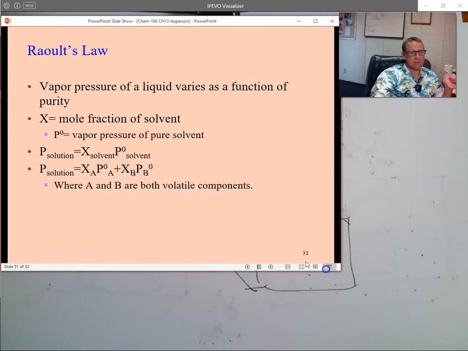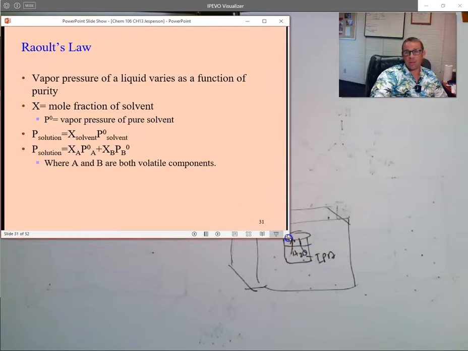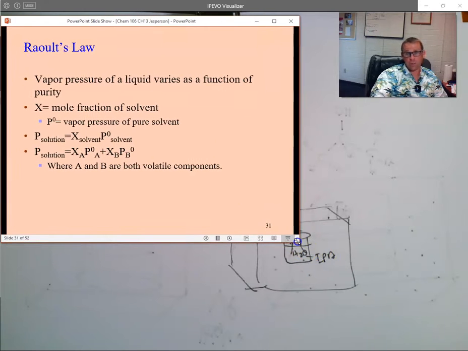This is the law that governs the resulting vapor pressure. It's dependent on the mole fraction of the solvent. All right? Now, how am I going to tell which is the solvent, the water or the isopropyl alcohol? Well, the solvent is always going to be the one that is in the higher concentration.